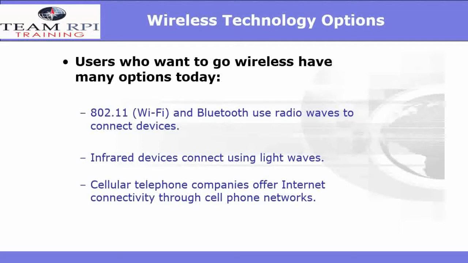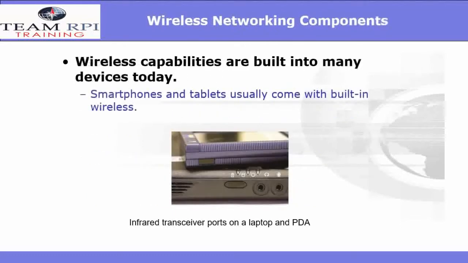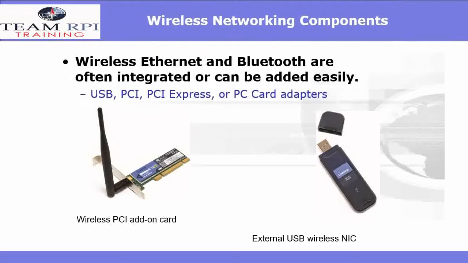And even most cell phone providers provide internet connectivity through their networks. Wireless capabilities are built into many of the devices that we use today, like smartphones and tablets. As a matter of fact, wireless Ethernet and Bluetooth are often integrated or can be easily added to modern devices.